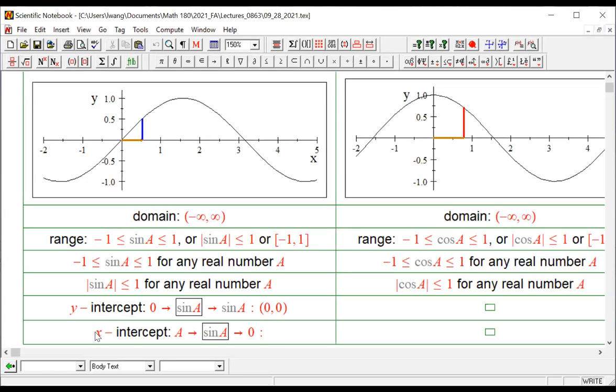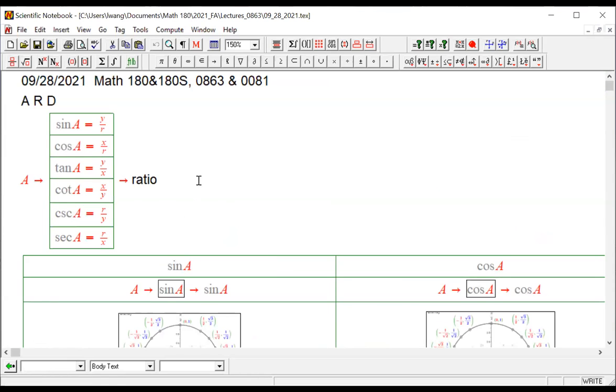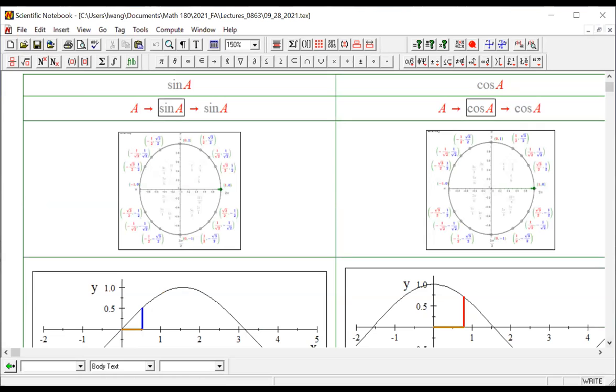Okay, so let me rephrase the question. I'm going to copy this piece. I'm going to put it on the top, or maybe put it on the bottom.